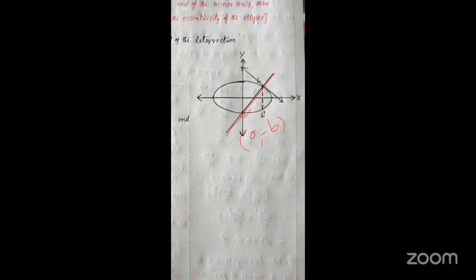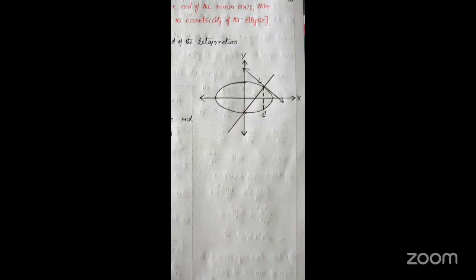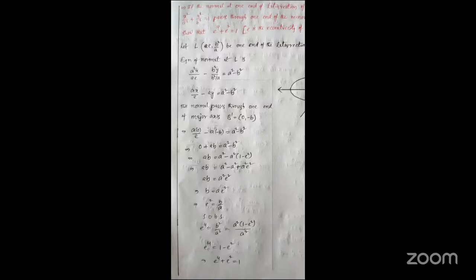So therefore, the equation passes through the end of the minor axis. The normal passes through one end of the minor axis.